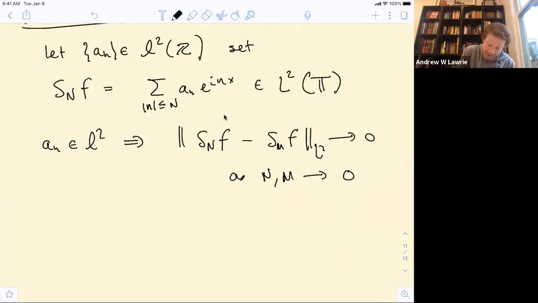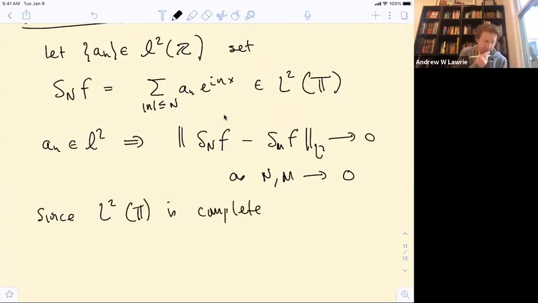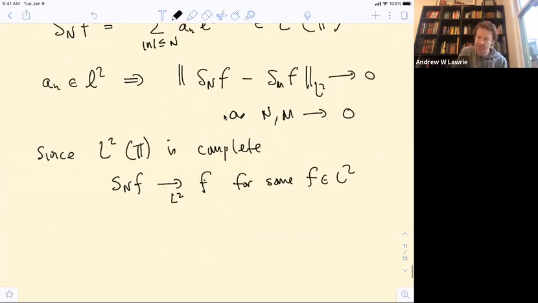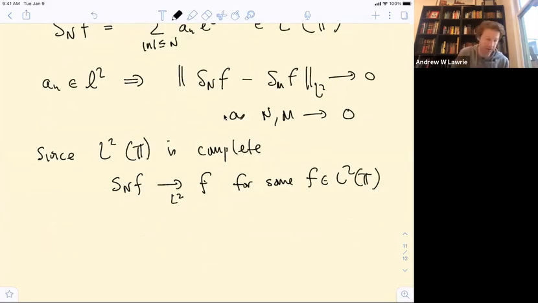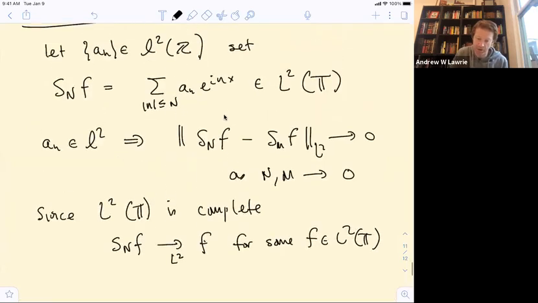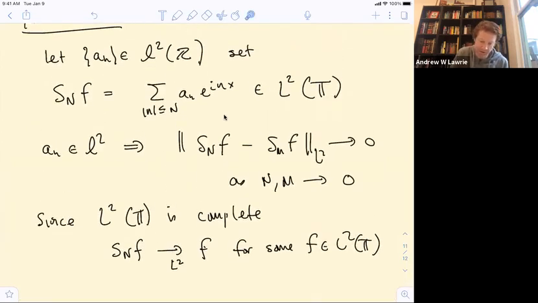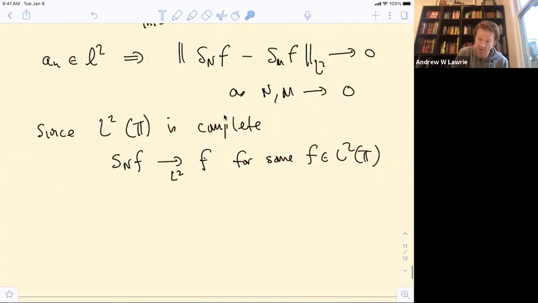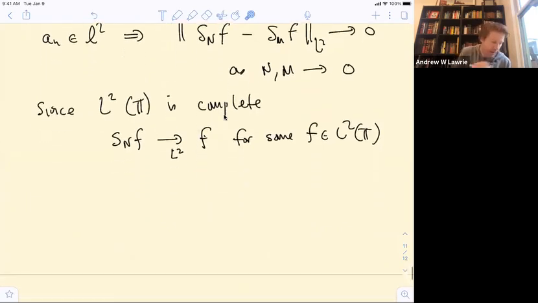Now the key step is, since L2 of T is complete, this converges in the sense of L2 for some f in L2 of T. So this thing converges to some f. I'll call the limit f as well, for some f in L2.